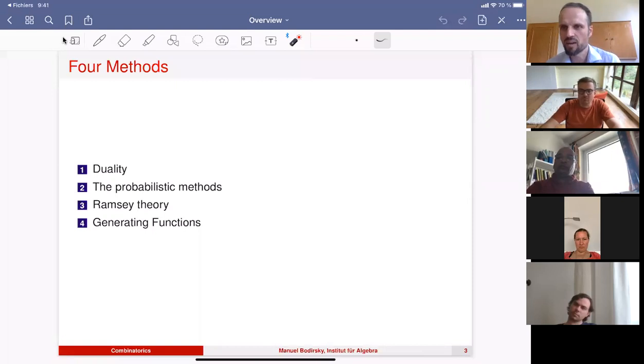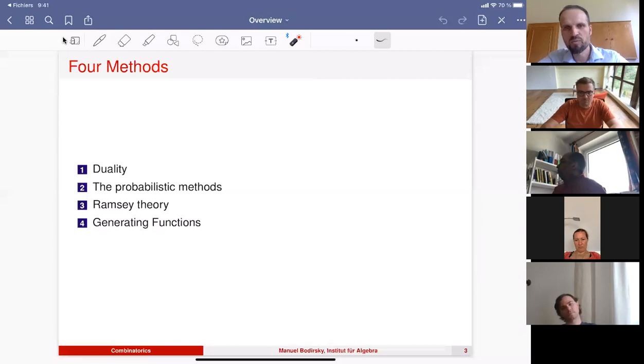And they are very similar proofs. There are a lot of cross connections. So I think it's very good to see this theory in the scope of linear programming to put all these things into a common perspective. This is the first method, duality.